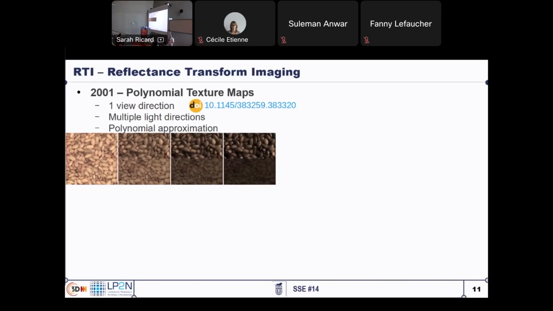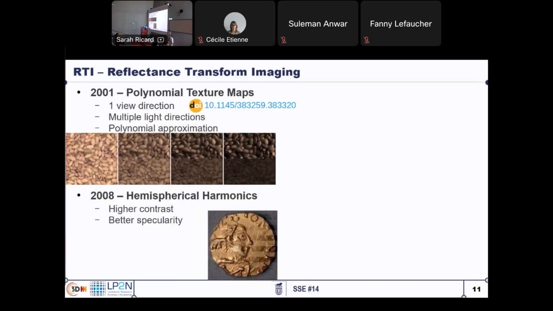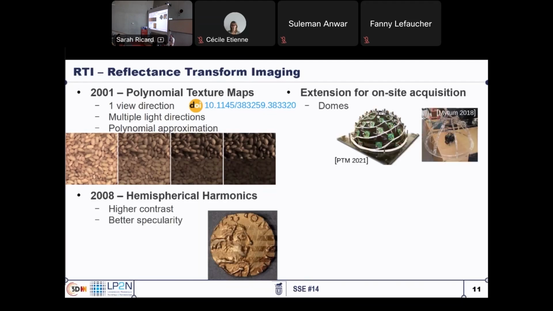And in order to reduce the size of data sets, we do a polynomial approximation of this data. It has been improved to use a better polynomial function, hemispherical harmonics, for higher contrasts and better specularities.